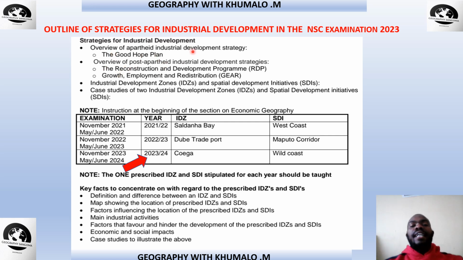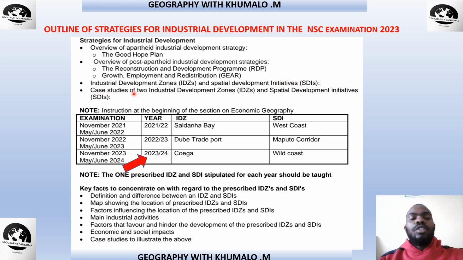Then after apartheid, that means after 1994, they developed new industrial strategies, which are the RDP, which stands for the Reconstruction and Development Programme, and GEAR, which stands for Growth, Employment and Redistribution. Then we also developed the Industrial Development Zones, which is the IDZ, and the Spatial Development Initiatives, which are the SDIs. So we must know the SDIs and the IDZs.